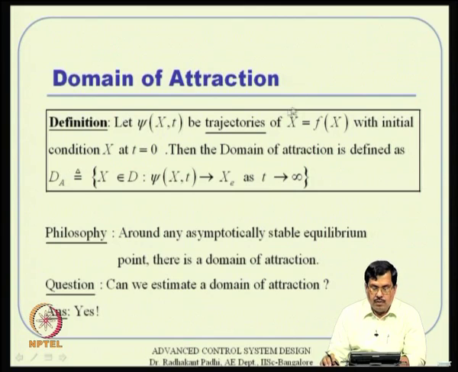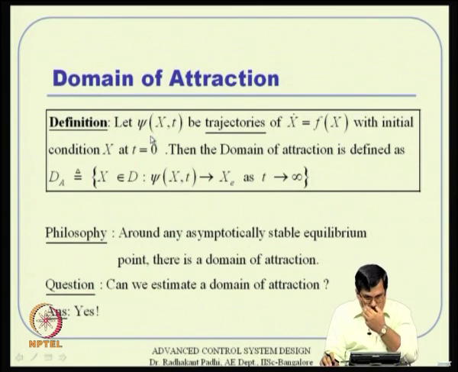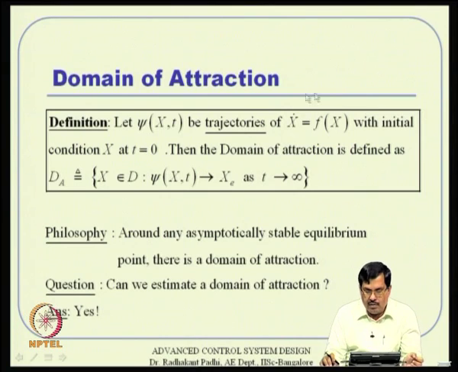Okay. So, the domain of attraction definition is like this. Let psi of x, t be the trajectories of x dot is f of x with initial condition x at t equal to 0. Remember, we are not talking about a particular x 0; that x 0 itself can be varied. So, we will get a number of trajectories with different x 0s.